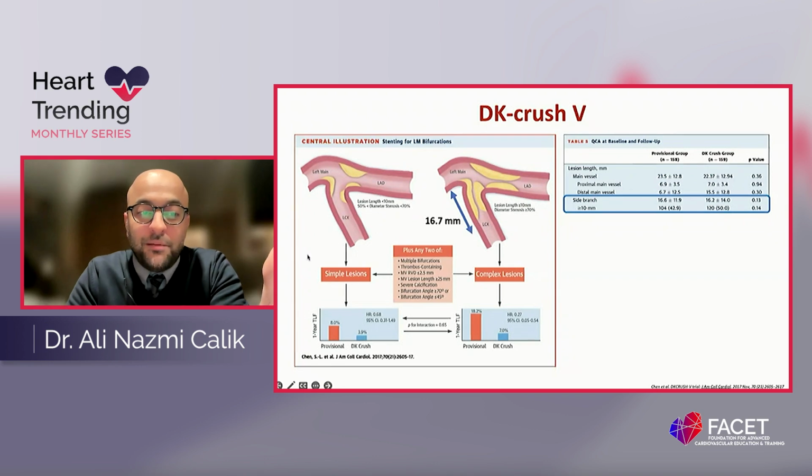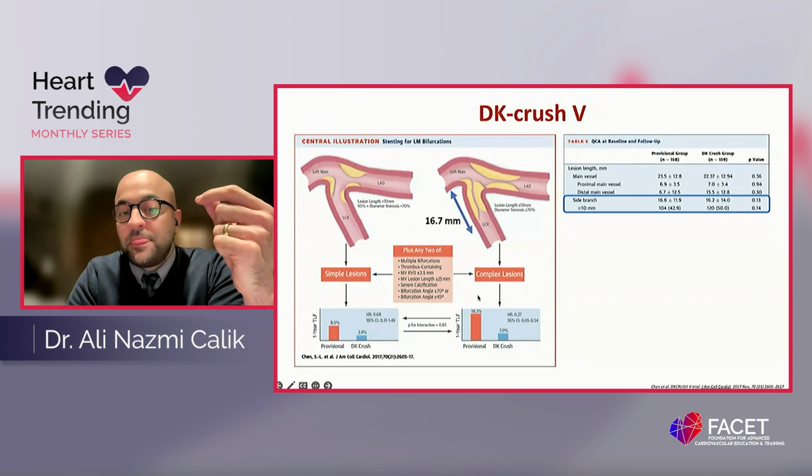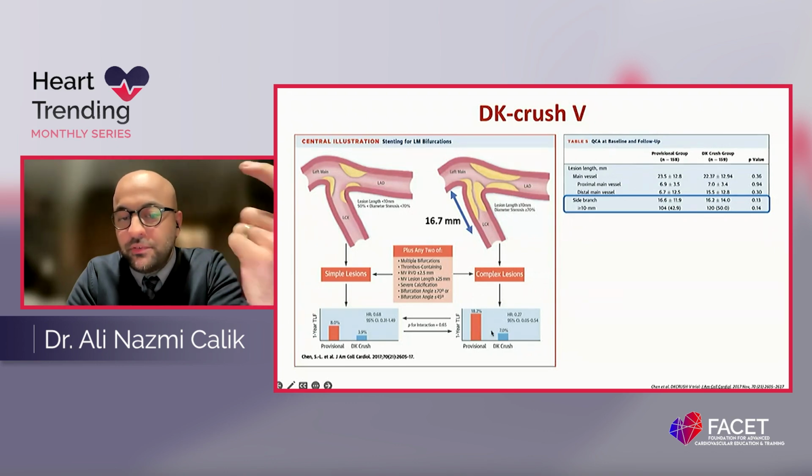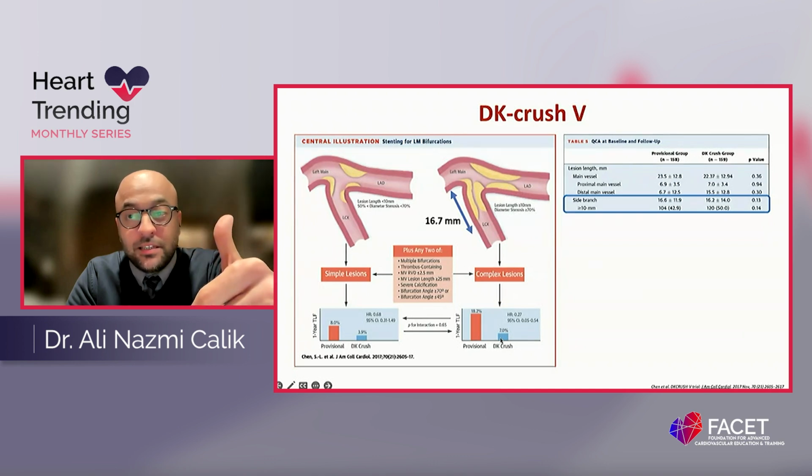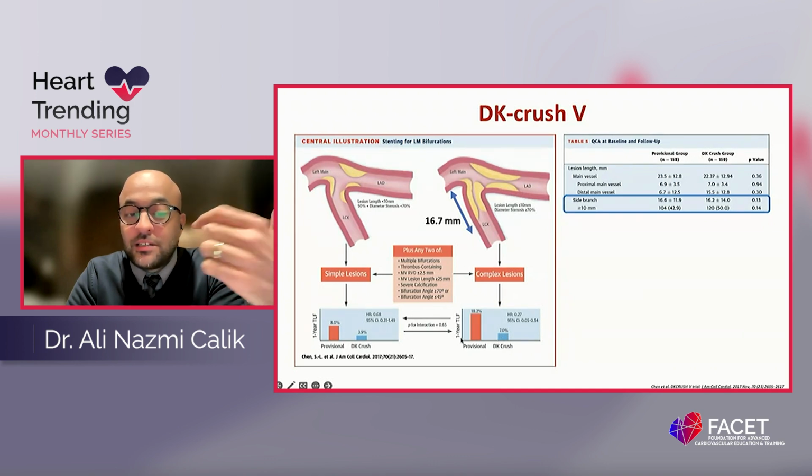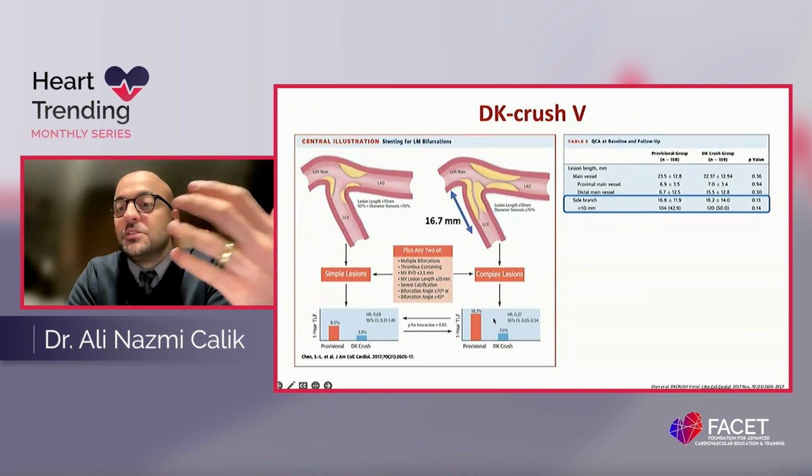But when it comes to the subgroup of simple lesions of the DK Crash 5 trial, there is not a significant difference between the provisional and the DK Crash. But in the complex lesions, there is a significant difference between provisional and DK Crash stenting with regards to 1 year target lesion failure.